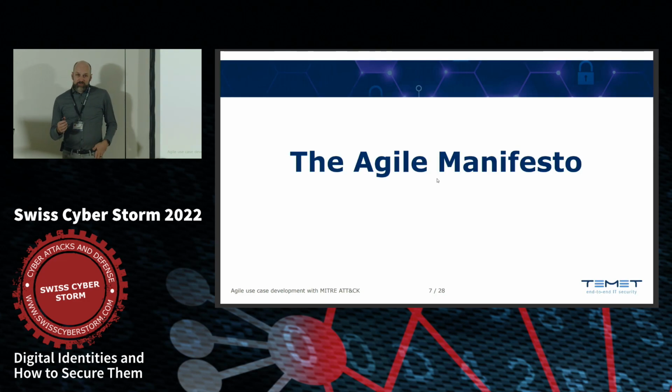The Agile Manifesto is a document which contains 4 value statements and 12 principles, which was written and published in 2001. So it's over 20 years old, but I think it still holds true in most regards. And it was written by a group of software developers who had similar problems, similar challenges, as I described before.